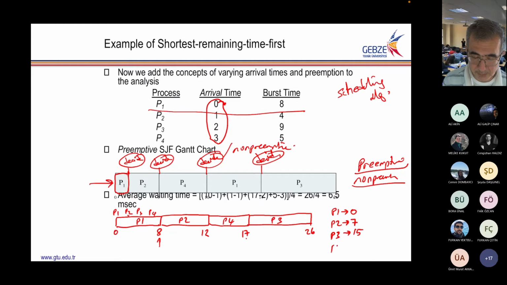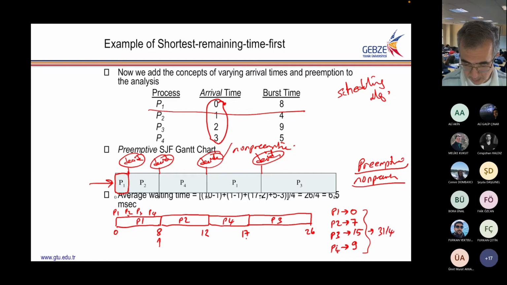And P4 is going to wait for about 9. 9, yes. So average waiting time will be 31 over 4.